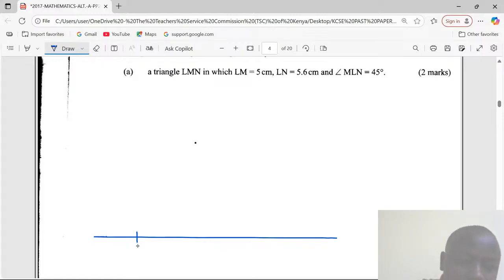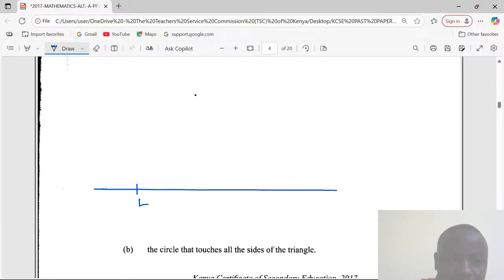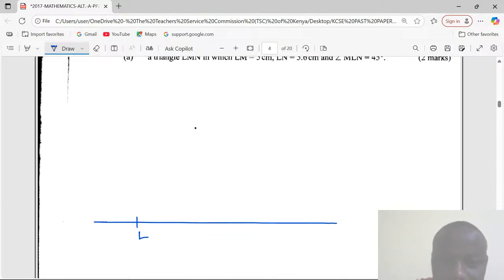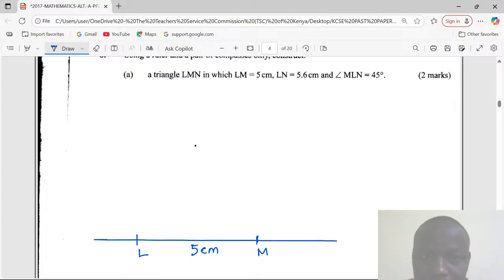Make an arc at L. Then I stand on my ruler using a compass and I mark off 5 centimeters for me to identify M. So I mark 5 centimeters at that point.